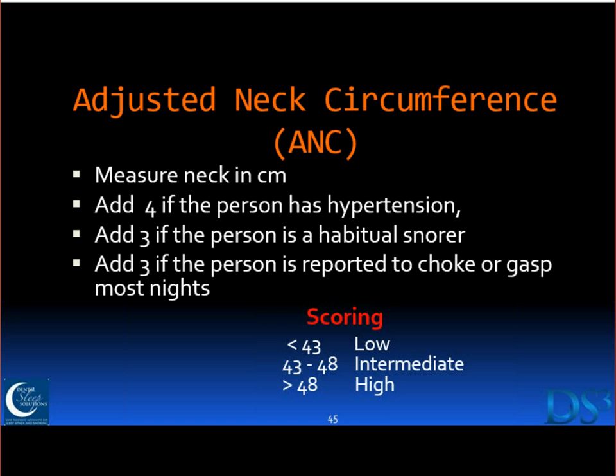There is an adjusted neck circumference that we can look at, and we measure the neck in centimeters, and then we ask about hypertension, habitual snoring, and if they clench most nights, and then we add a few points to that, and if we get anything over about 45, 46, 47, somewhere in there, we start again to say, you know what, this guy is at significant risk for having sleep disordered breathing.